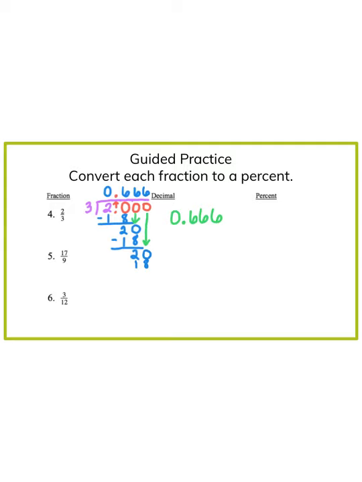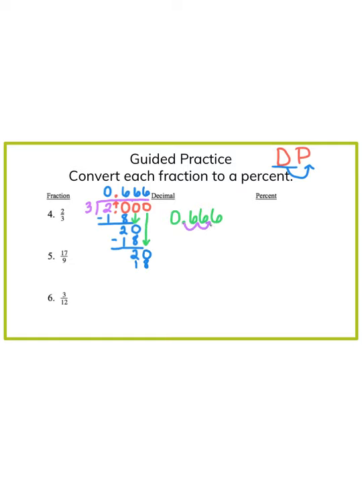Next, I need to move my decimal point 2 spaces over to the right. Because again, I'm starting with a decimal, and I need to move towards the P in Dr. Pepper over to the right. So I'm going to move my decimal point 2 spaces to the right.